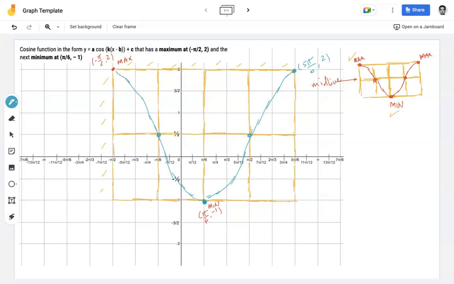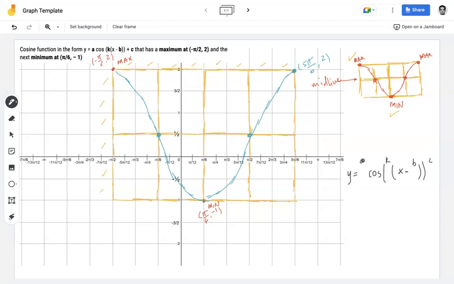Now that you have completed a period, you can actually write down the equation. We know that's going to be y equals a cosine, and we're going to have a k over here, then x minus b, and then plus c.